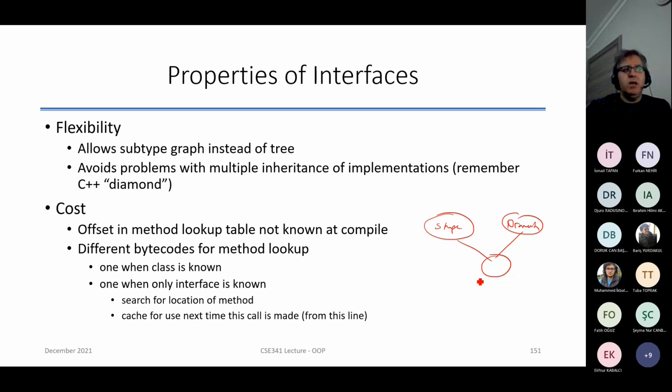So this is the advantage, or let's say the speed up or efficiency, that you can add. When you have an interface, you know that you are not going to have a simple lookup table, or simple offset addition, to find the code.